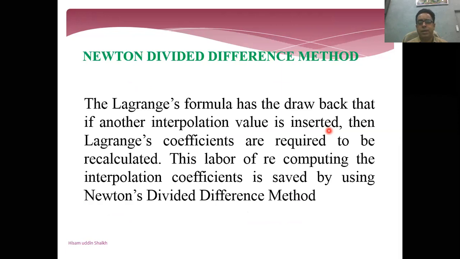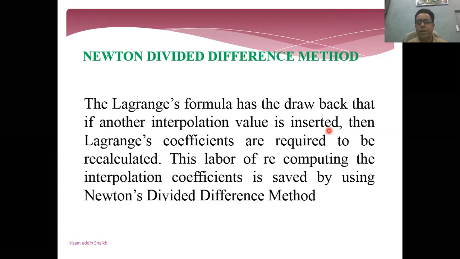The main advantage of this method over Lagrange is that a single value or more than one interpolated value can easily be calculated without changing the formulation, without changing the difference table, without changing any process.